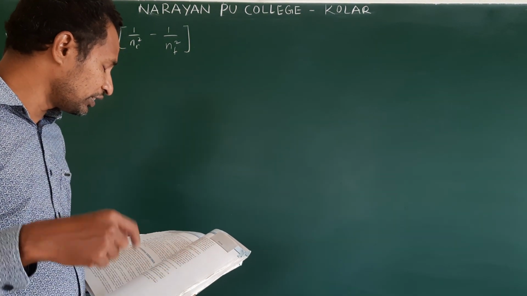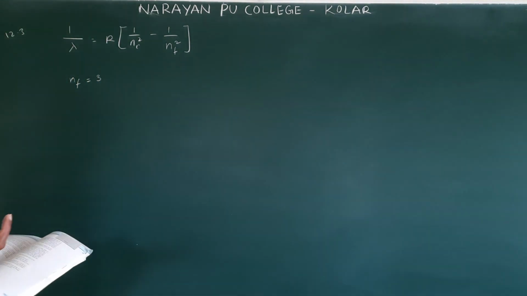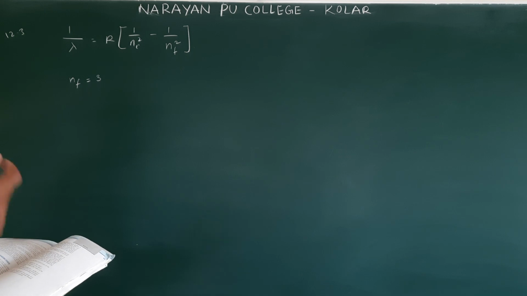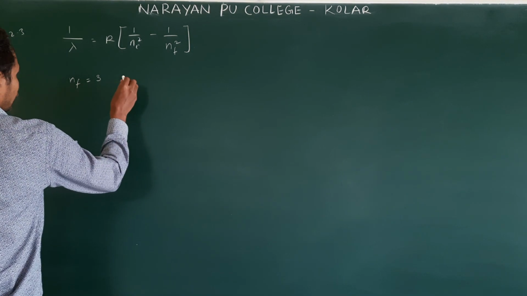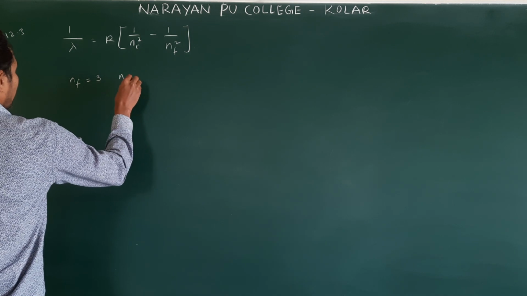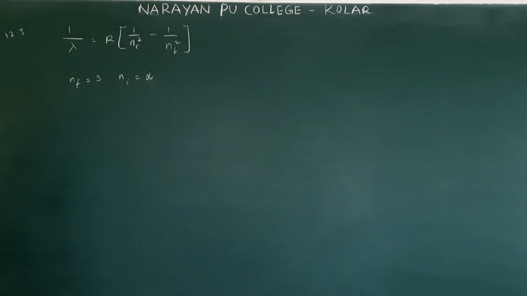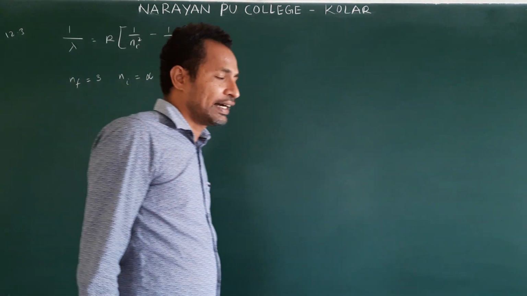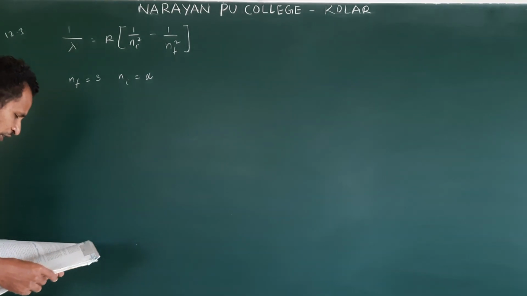Since they are asking shortest wavelength, energy gap must be more. So when do we get energy gap large? It jumps from infinity to 3. Clear? Then we will get more energy gap, higher frequency, shorter wavelength.